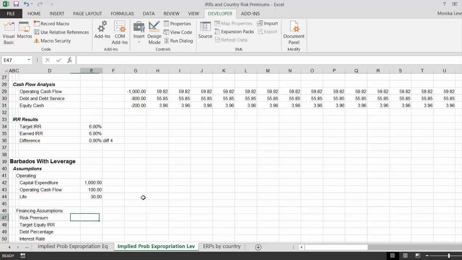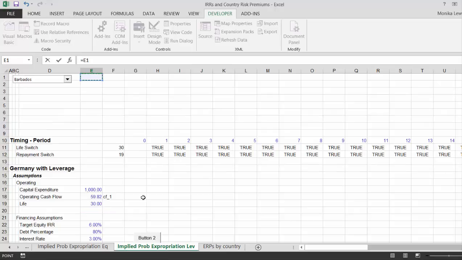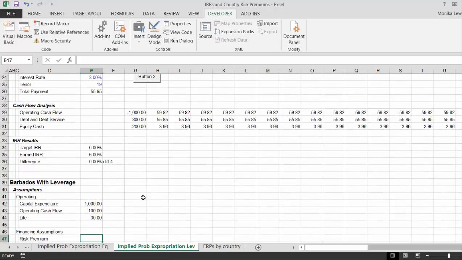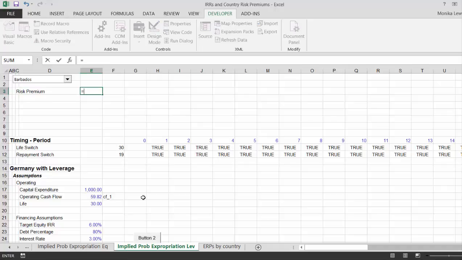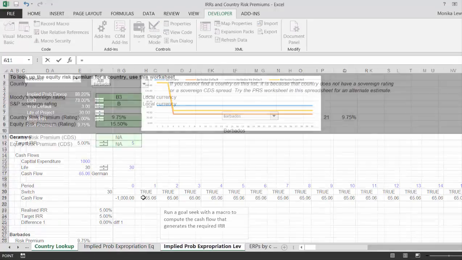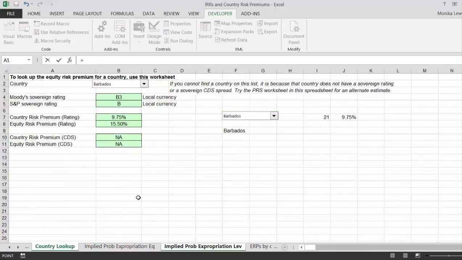Our risk premium is now... I put that up. No, I didn't. Let's put the risk premium up because that's the first thing to start with. So you can see we put more of the applet on there.